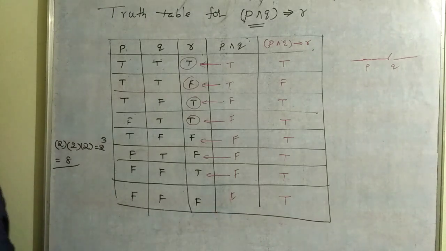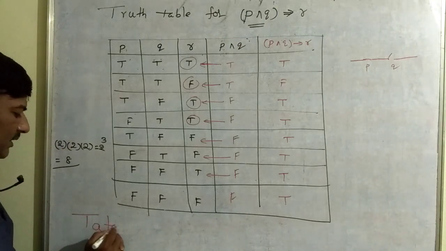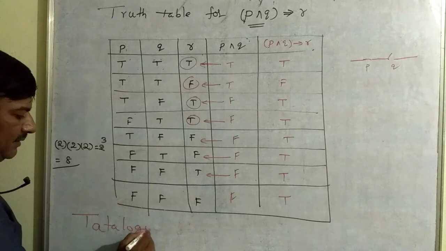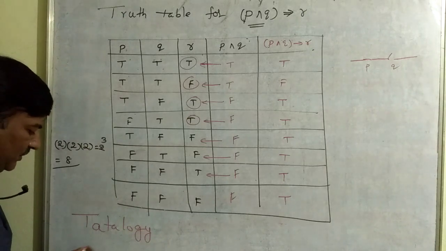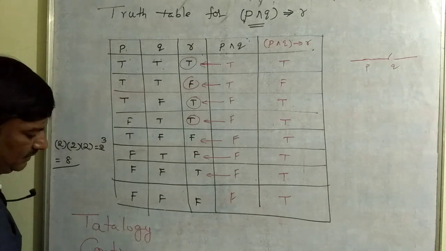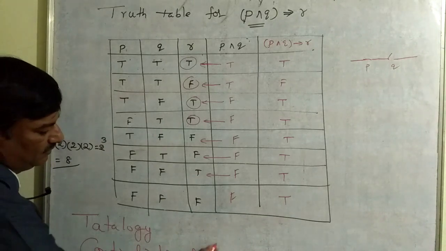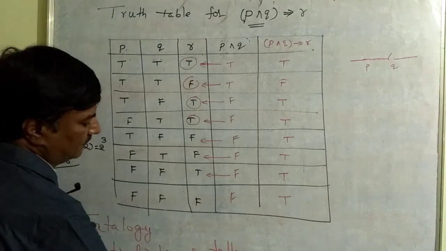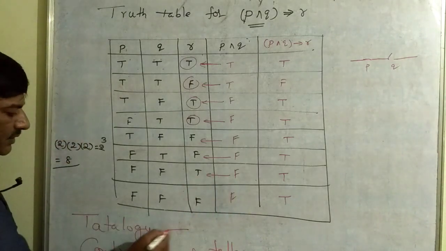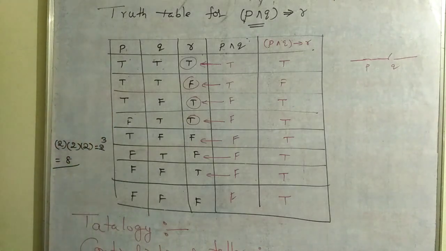That is nothing but tautology, and the second definition is contradictory or fallacy. Tautology and contradictory or fallacy.